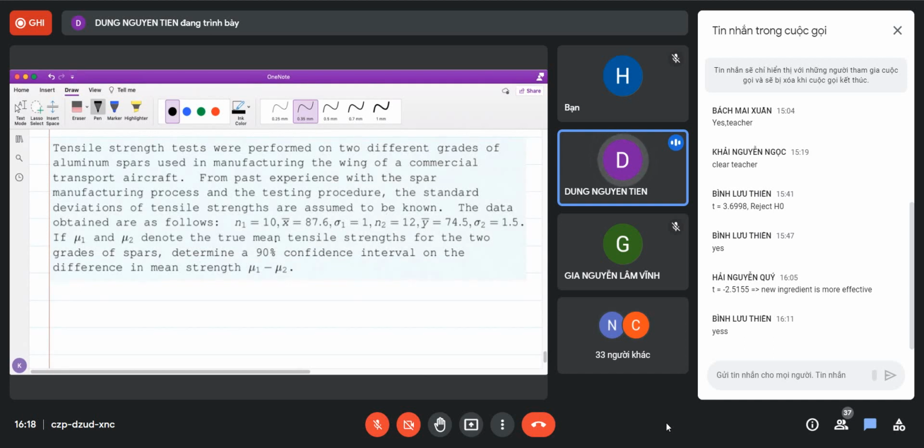If mu1 and mu2 denote the true mean tensile strengths for the 2 grades of spars, determine a 90% confidence interval on the difference in mean strength, mu1 minus mu2. What do you think about it?